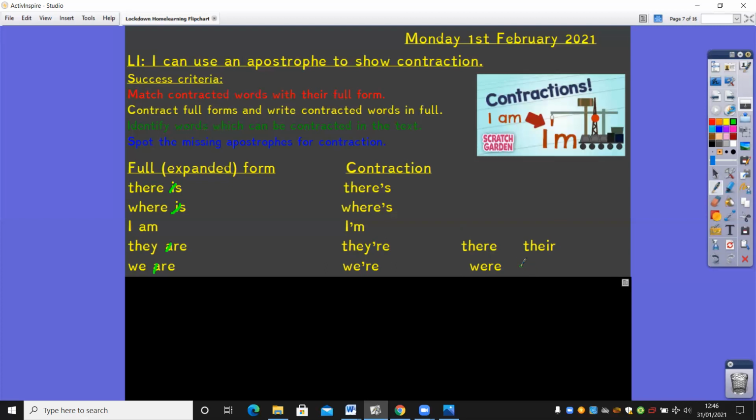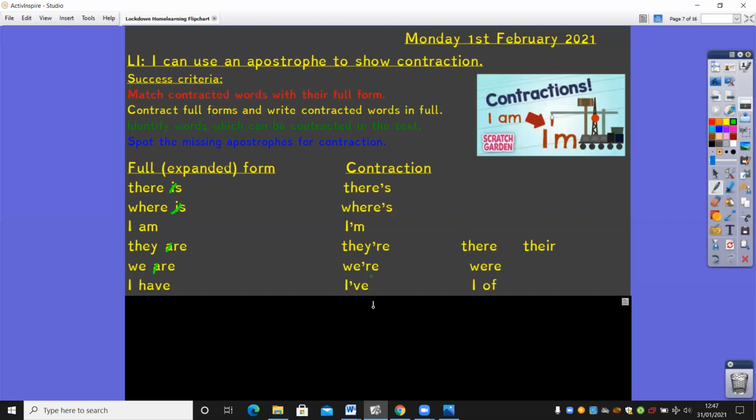So we were going for a walk. It is a verb, children. Now let's have a look at this contraction. I have the full form, I have. And the contracted form is I've. Children, what do you notice?